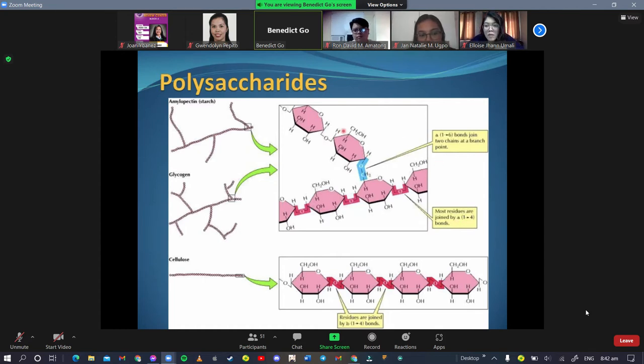The branching point has an alpha 1,6 bond, very similar to glycogen. Now, amylopectin you find in plants. Glycogen you find in animal muscle. Cellulose, you find this also in plants, but because cellulose is linear, the bond is a beta 1,4. So that's the main difference, just the type of bonds.